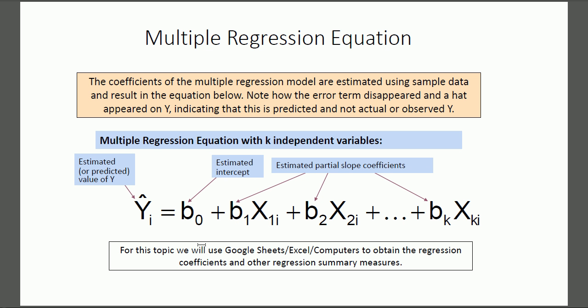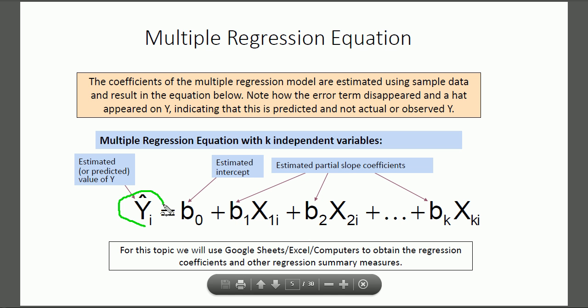Note how the error term disappeared and a hat appeared on the y, indicating that this is predicted and not actual or observed y. That's very important. I state that over and over again. So this is the multiple regression equation with k independent variables. Here's the y variable that we want to predict, and here are all the x variables we're using in order to predict it. The rest of this, you could see this is the intercept as you expected, and these are the partial slopes.